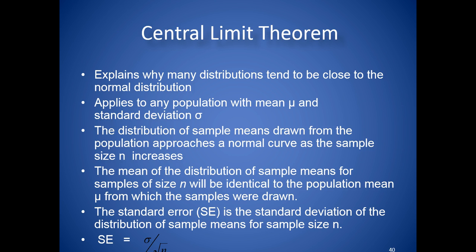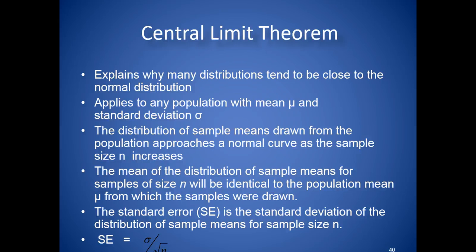When you talk about a standardized distribution, it is definitely governed by the central limit theorem. This is a theory that explains why many distributions tend to be close to the normal distribution, because there are always parameters involved when you study, and there is a limit, and they are pretty much centrally located.